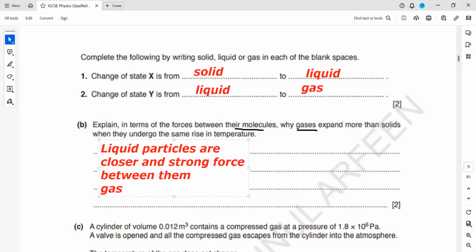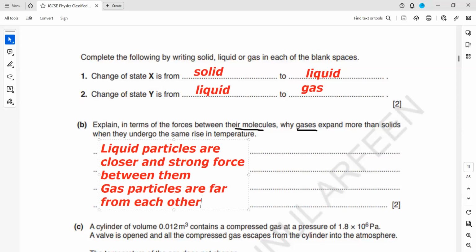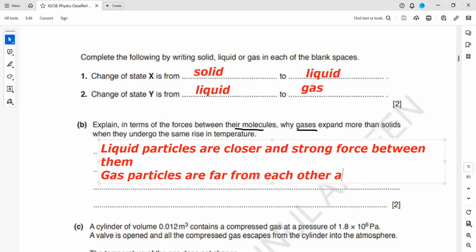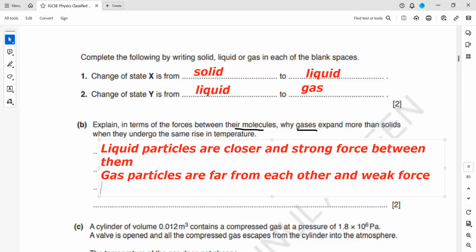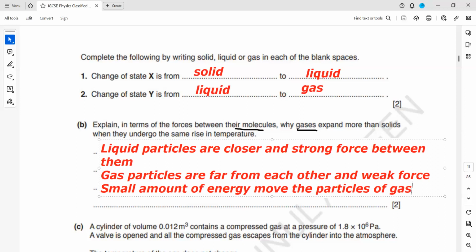In gases, particles are far from each other and they have a weak force. So a small amount of energy can move the particles of the gas further away.